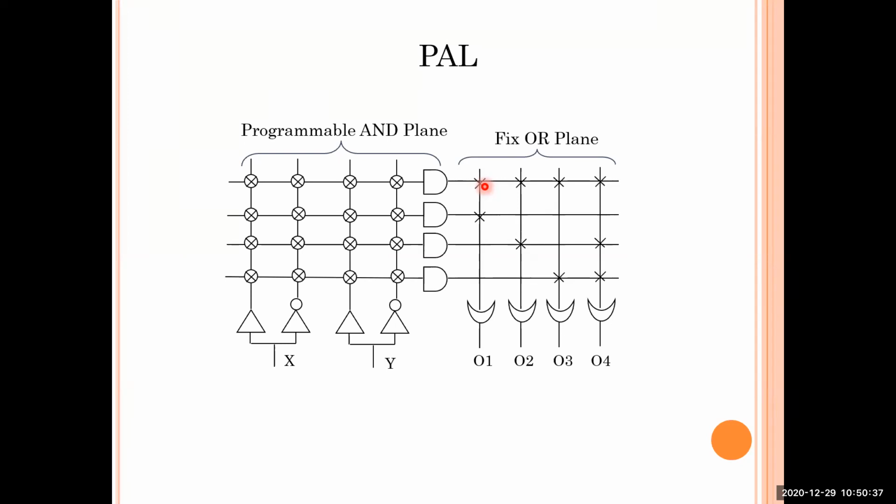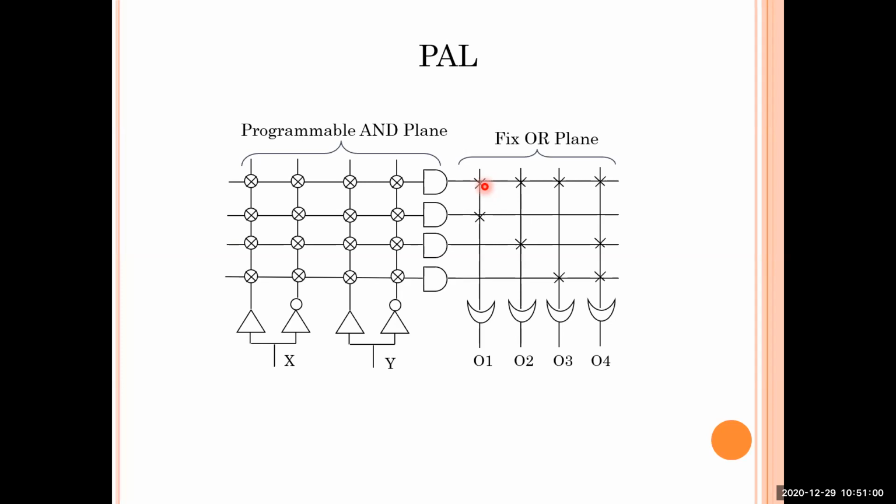And also the PALs are faster than the PLAs. Why are they faster? Because in the PLA, you are supposed to program both sets of planes: you program the AND plane and also the OR plane. Programming means you are rewriting the data, giving some inputs.